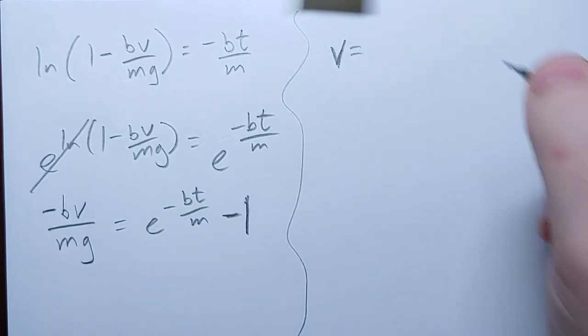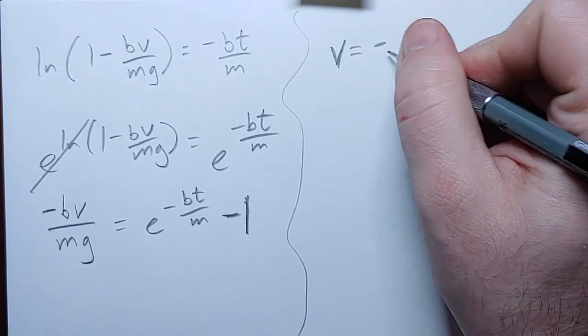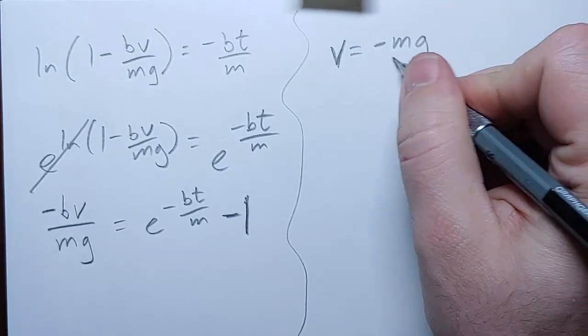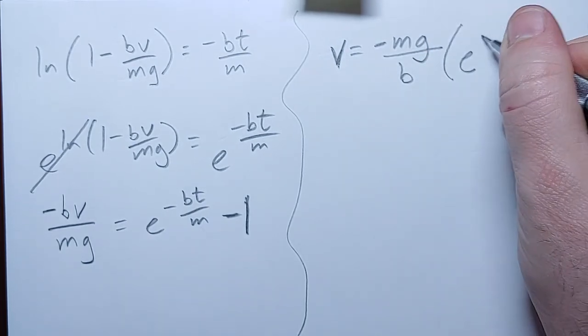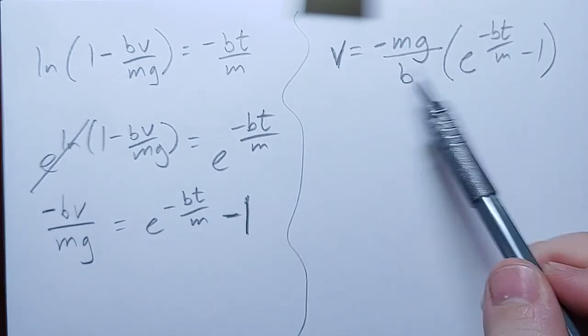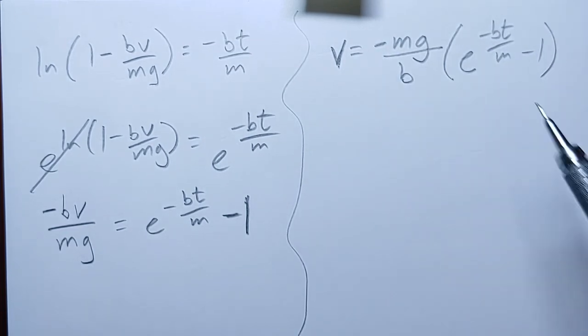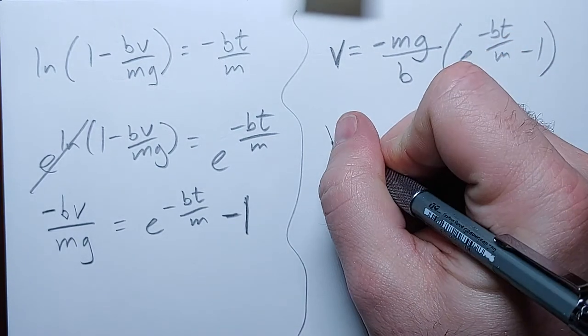So we get v equals negative, so that's mg over b times e to the negative bt over m minus 1. If we distribute the minus sign through, we can just flip these, and we'll get this as our final expression.